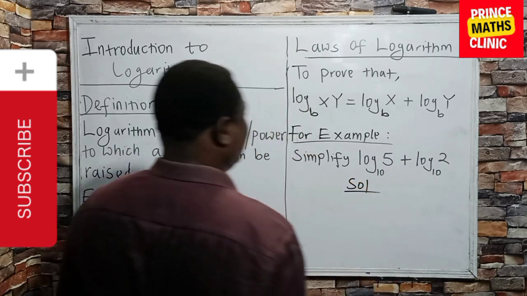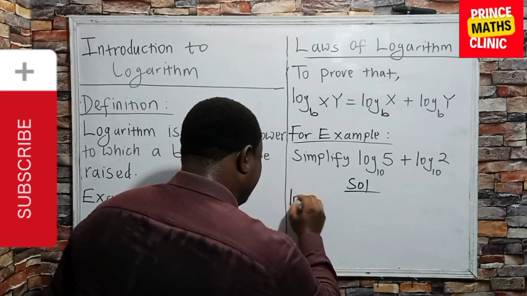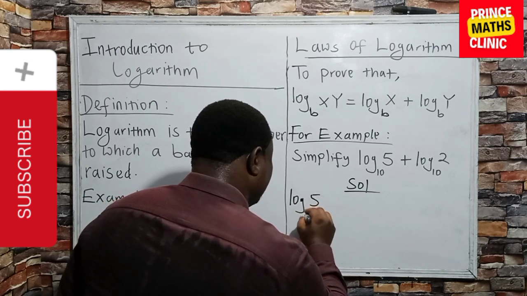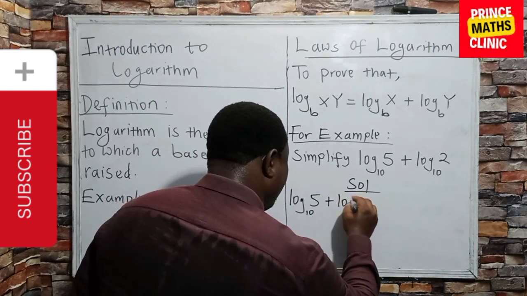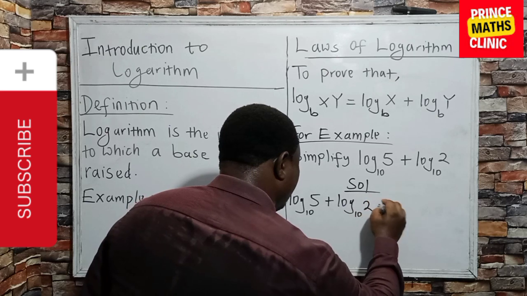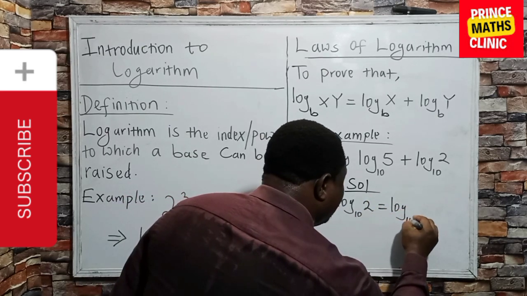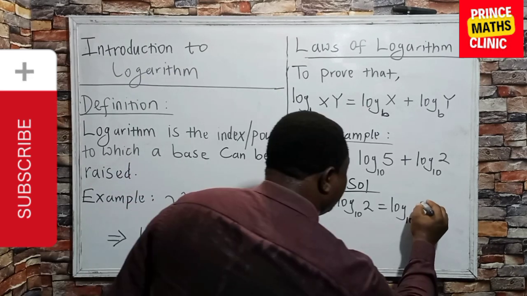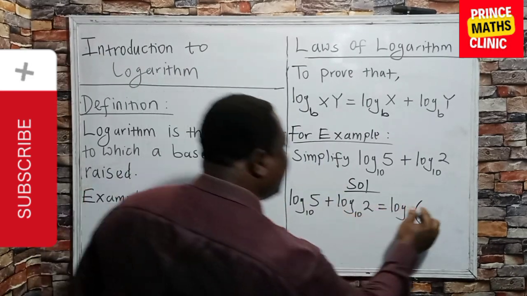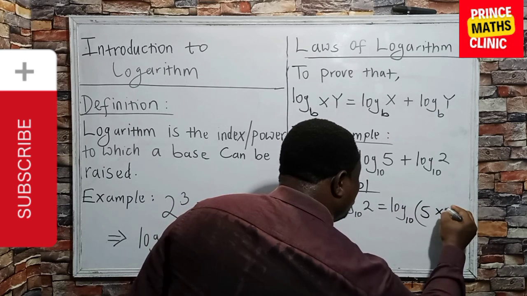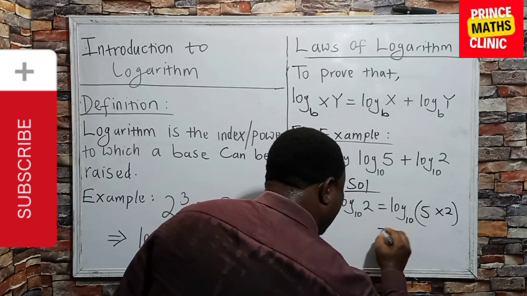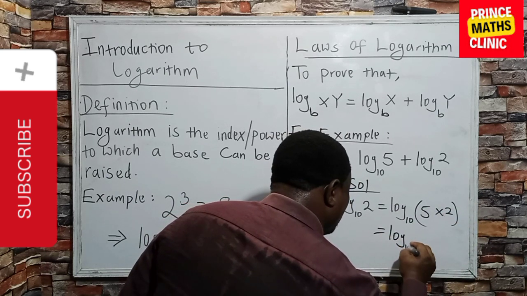Solution. Write out your question. You bring out one of the bases, right? So 5 multiplied by 2. And what is 5 multiplied by 2?